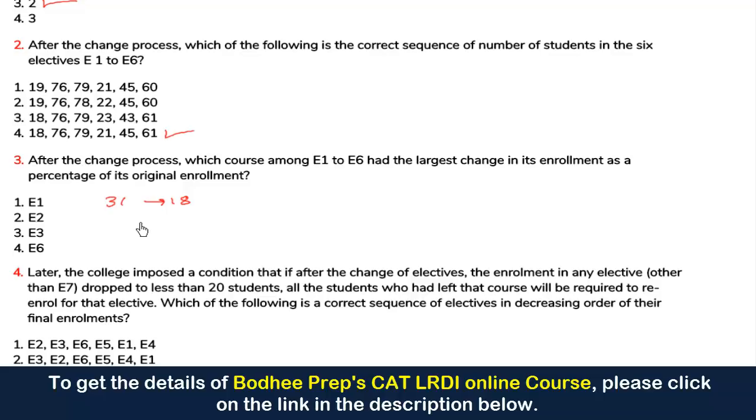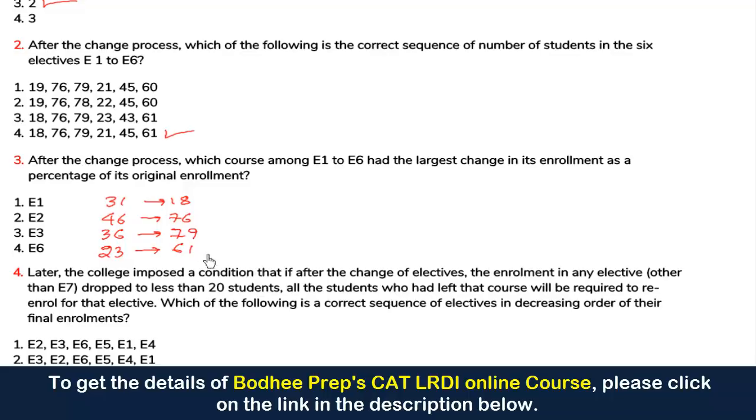For E2, earlier it was 46 and later it became 76, right? Similarly for E3, I'm just writing the numbers and then we'll be comparing it. For E3, it was 36 earlier, and later on it became 79. And for E6, it was 23 and later on it became 61, right?